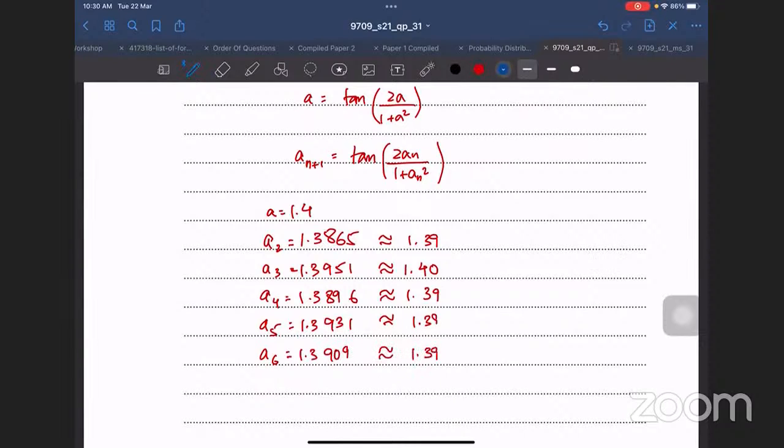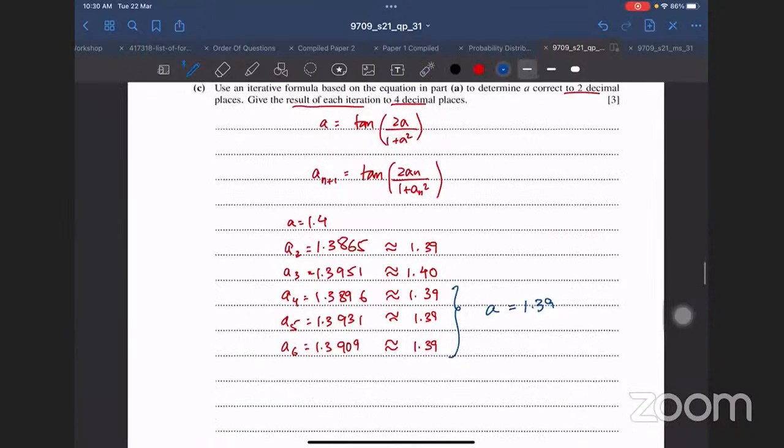Since this was repeated thrice, alpha is 1.39.